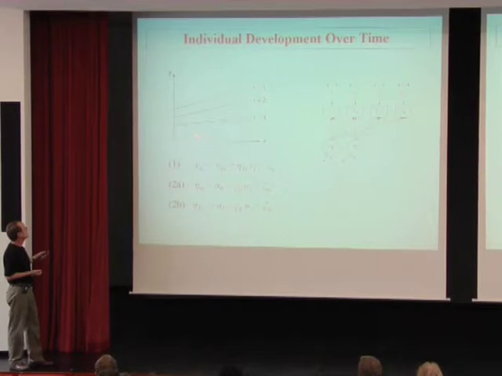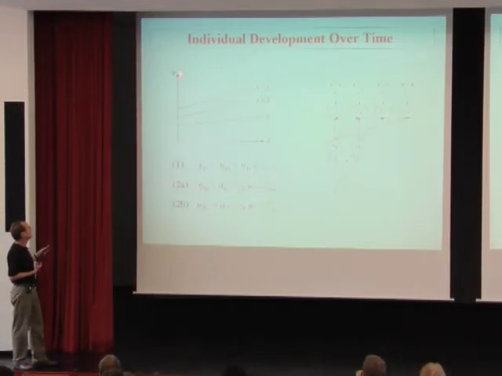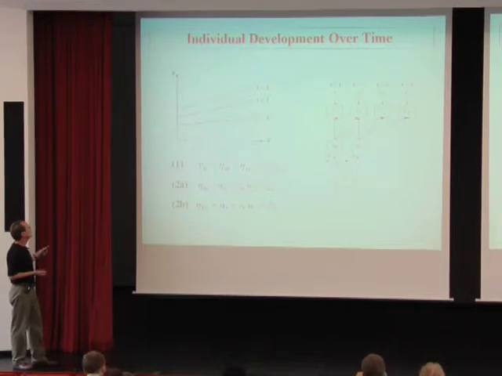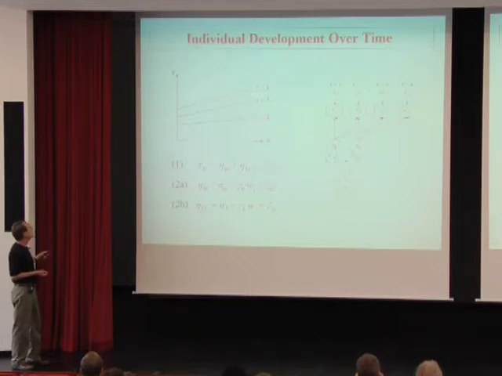So we have 3 ways of representing this. We have the top left picture. Y is a continuous dependent variable. X has to do with time, so this could be grade 1, grade 2, etc., or it could be age. And here you look at 3 different individuals. Individual 1 starting high with respect to Y, higher than the others, and growing at a healthy rate. Individual 3 starting much lower and growing at a much lower rate.